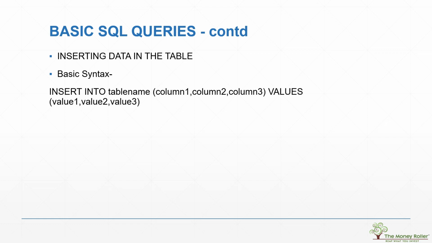Now if your table has 3 columns in a specific order 1, 2, 3, and you want to enter the values in a different order, you can change the order of column 1, column 2, column 3 in the brackets to the order in which you are entering the data, and then you enter the values value 1, value 2, value 3, each corresponding to their respective columns. If this seems very complex, it's not really, it's very simple.